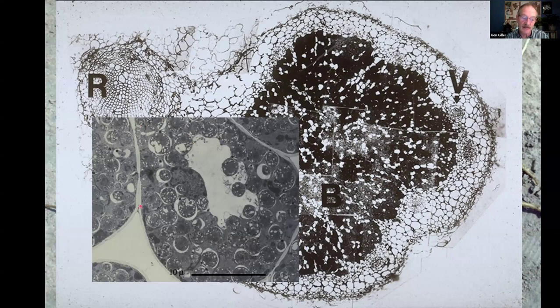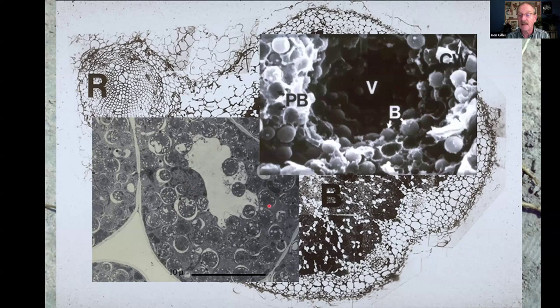This is transmission electron microscope. And here we've got basically the nucleus, the vacuole, and all these little circular bacteroids in cross-section, which in a scanning electron micrograph, here they are, the bacteroids, modified bacteria, they're present in the nodule, these fantastic things that can fix nitrogen and really then put, if you like, protein into the mouths of farmers.